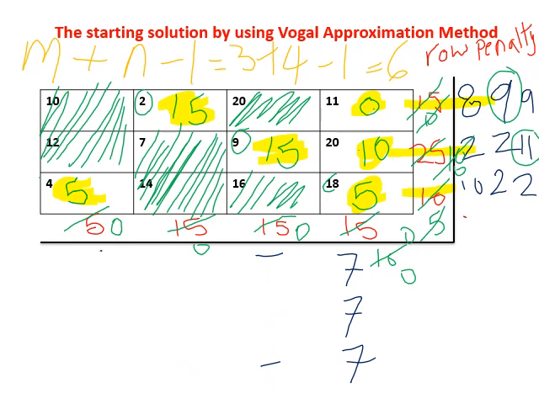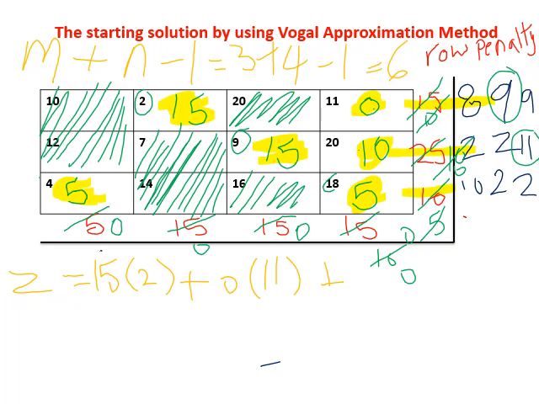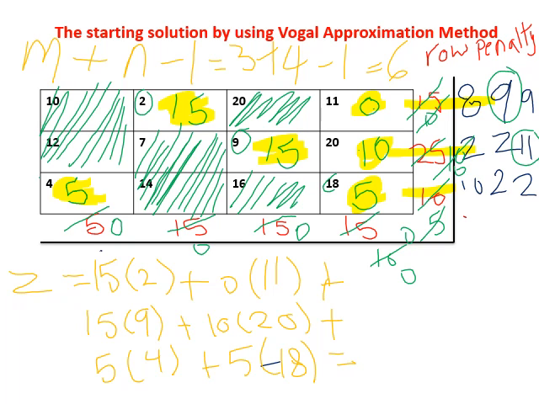The starting solution for the Vogel approximation method is equal to 15 times 2 plus 0 times 11 plus 15 times 9 plus 10 times 20 plus 5 times 4 plus 5 times 18, which is equal to $475.